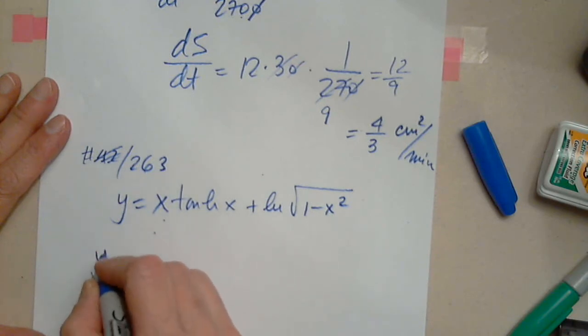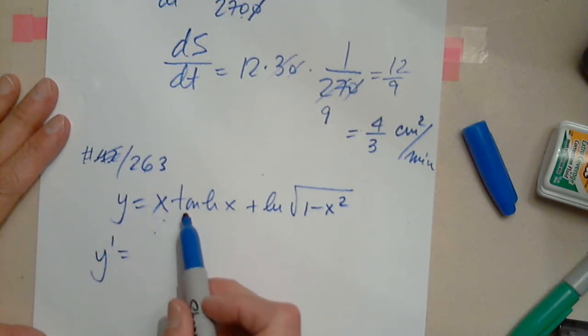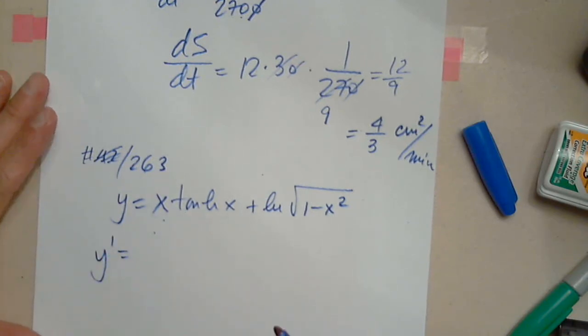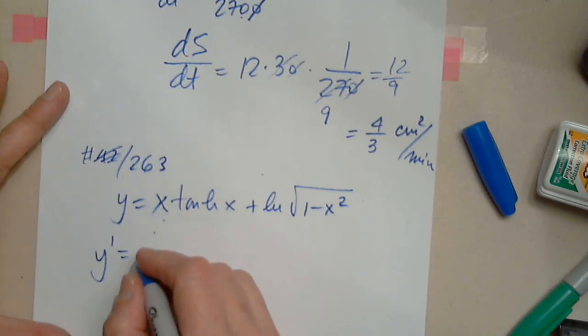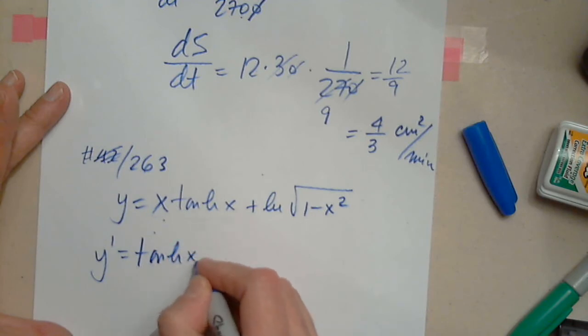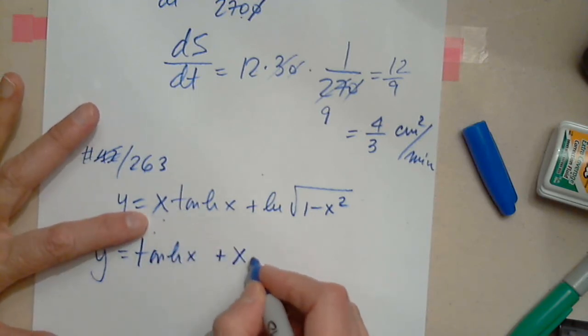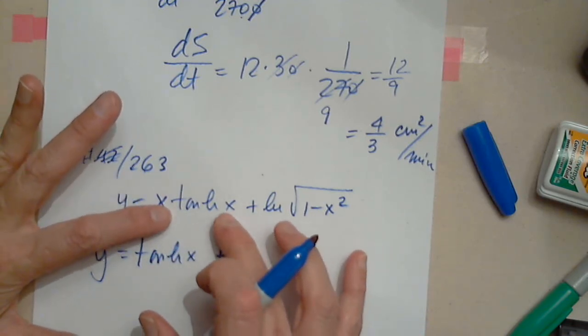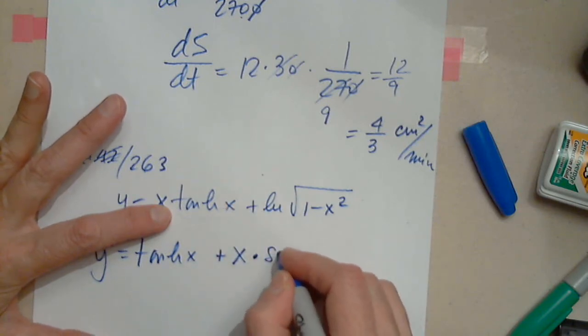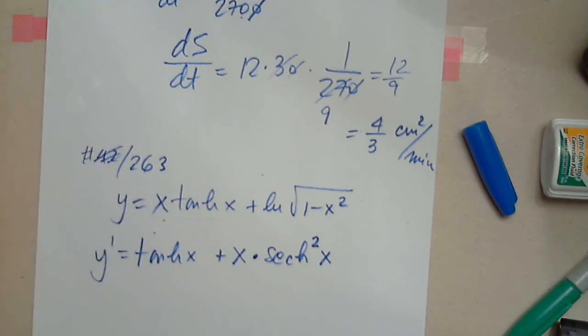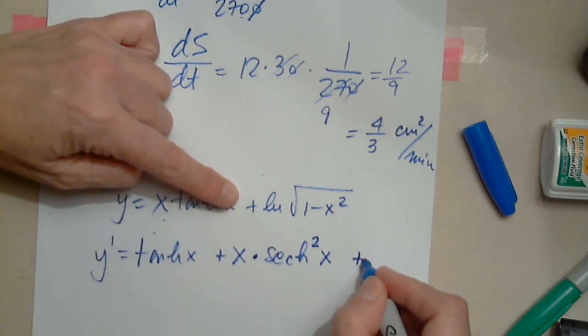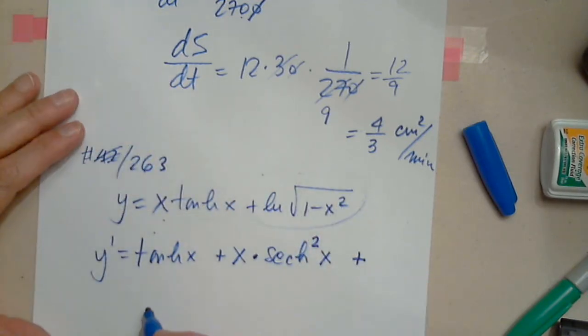Okay, so y prime. Obviously, this is a product, so I have to use the product rule. x prime is 1, so hyperbolic tangent plus x times hyperbolic tangent prime, which is hyperbolic secant squared. Now plus, and I have to differentiate the natural log.